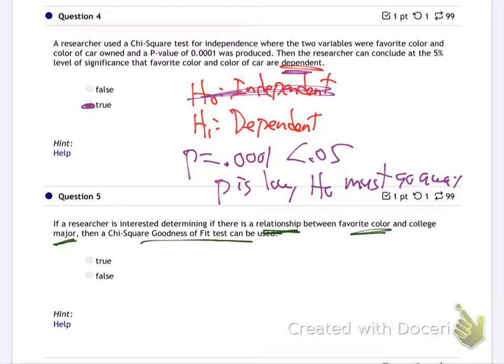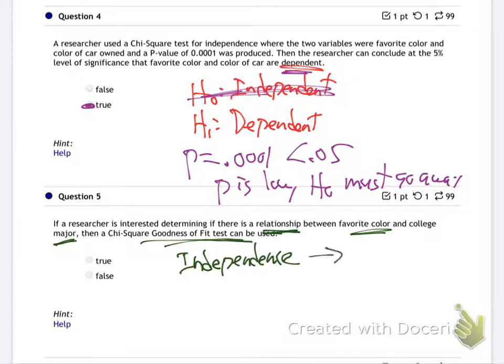People that like green, they're more into sociology and anthropology. Is there some kind of relationship there between your favorite color and the major you pick? Probably not. But if we wanted to statistically research it, how would we research it? Would it be a goodness of fit test? Not at all.